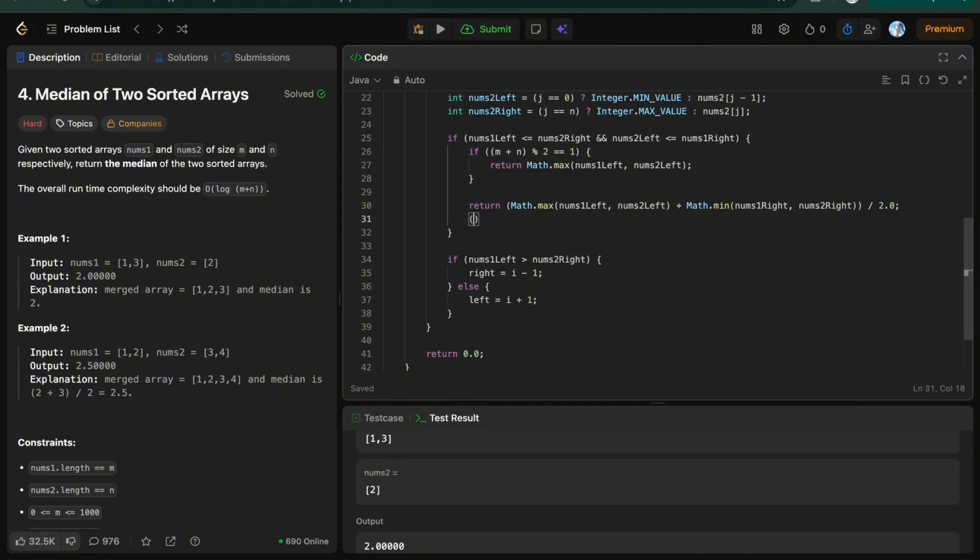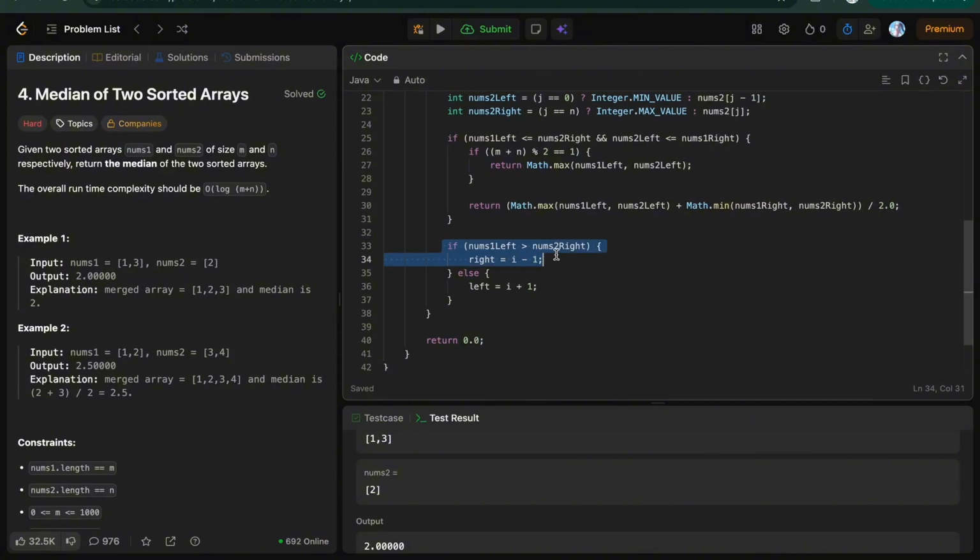What we would do is the max left plus the min right, and then divide by 2.0. Again, the 2.0 makes the answer a decimal. And you can kind of see right here, the Math.max for the left and then the Math.min for these.